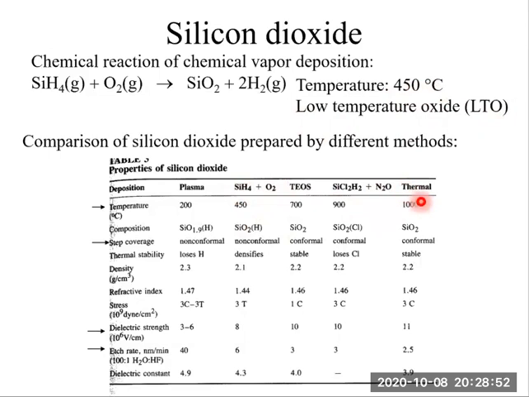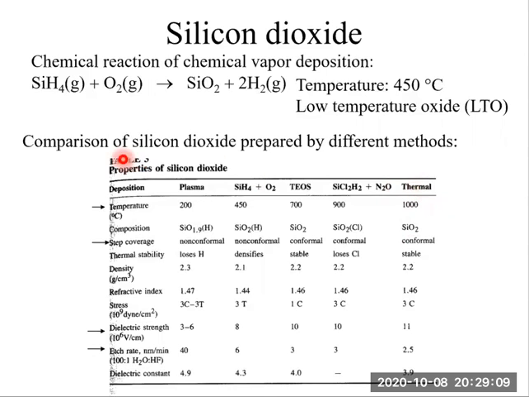And previously, we also learned that silicon dioxide can be grown on silicon substrate using thermal oxidation. So that's a thermal oxide.